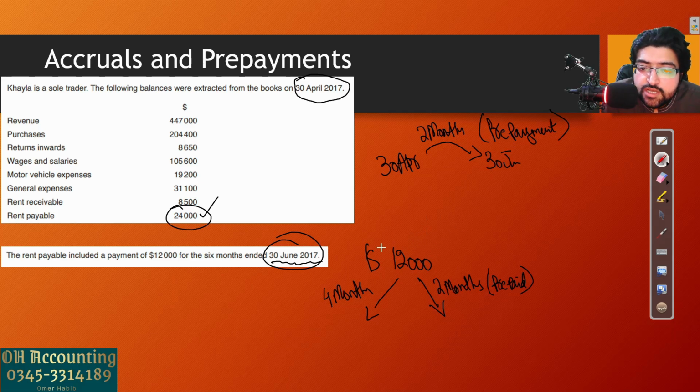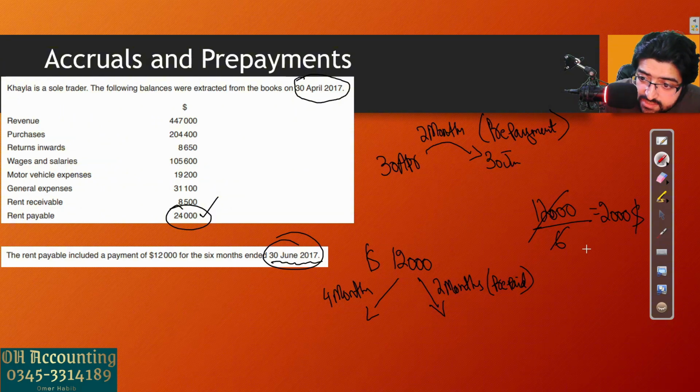Okay, so 12,000 divided by 6 will give me the monthly payment of rent, which in this case will be $2,000. Basic math. Okay, so $2,000 is monthly payment of rent, and we know that we have paid for 2 months in advance.